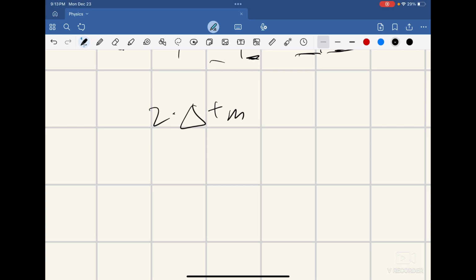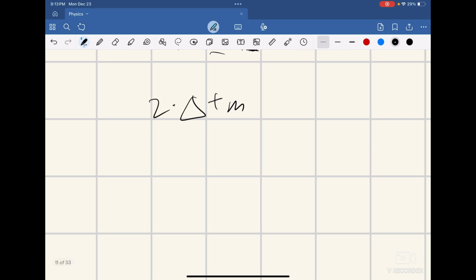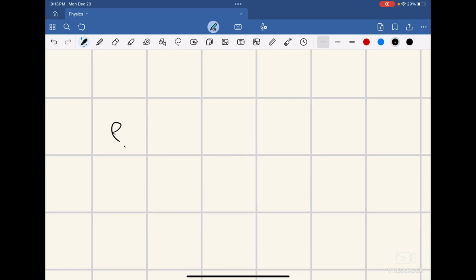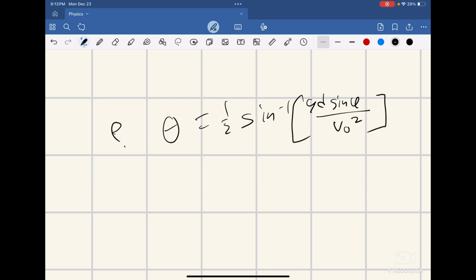Alright, so for part E, we're asked to prove that the angle theta at which the ball is launched is equal to 1/2 sine inverse of G D sine phi over V initial squared. We're just trying to prove this. So what we first realize is that these make up sine 2 theta.